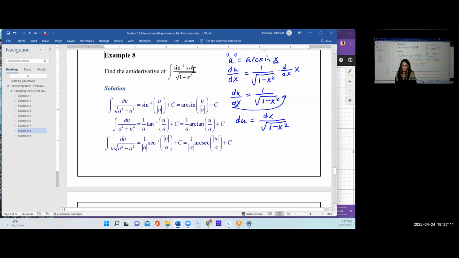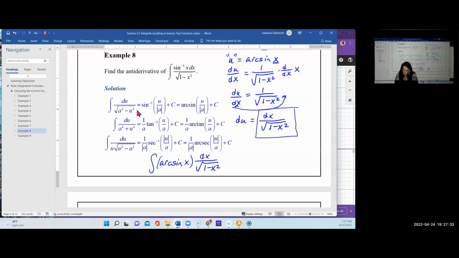We're going to substitute for the pieces that we have. We have, for example, that dx over the radical is equal to du, which means that I can take the original expression and I can write it as arcsine of x times dx over the radical 1 minus x squared, which can be rewritten since my u, not from the antiderivative formulas here, but from u substitution out of section 5.5.